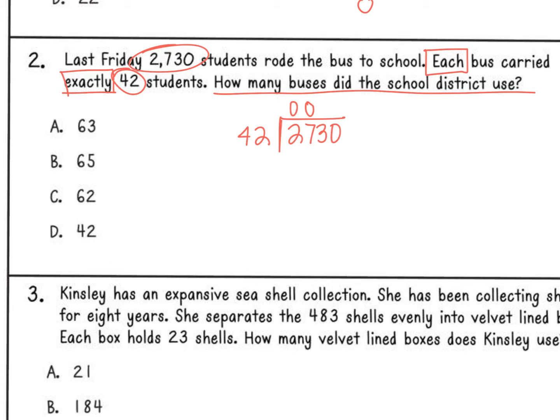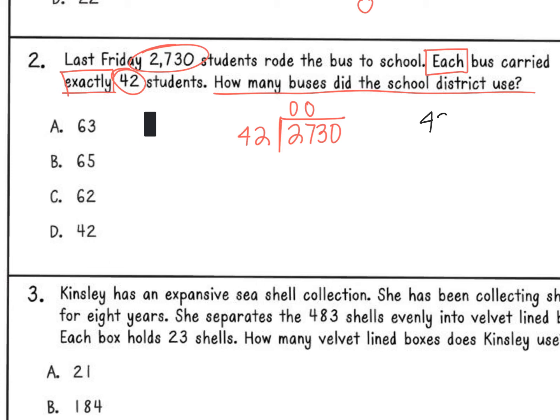Okay, what I like to do is I like to look at the first part of a number. So I'm just looking at the 4, and then I'm looking at the 27 of 273. So the 4 and the 27. How many times can 4 go into 27? 6 times. So let's try 42 times 6 and see if it gives me a number close to 273.